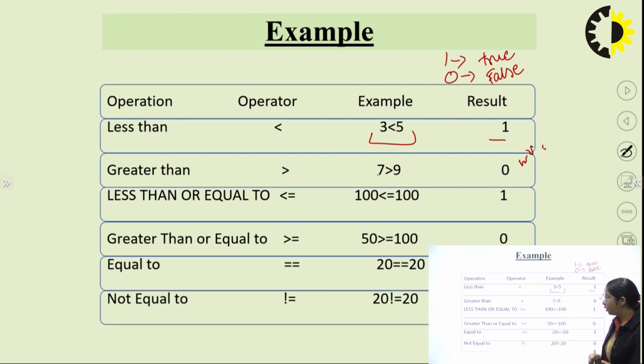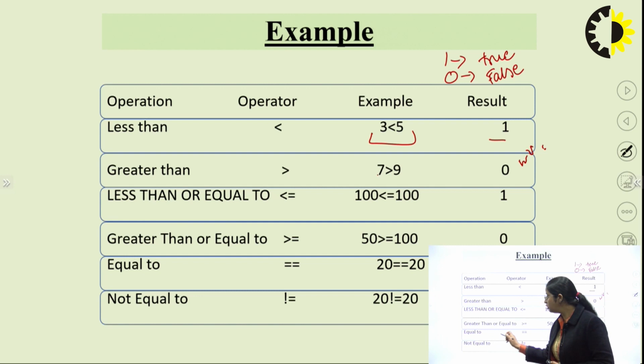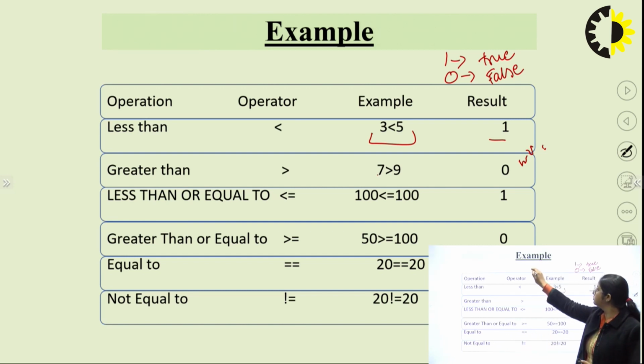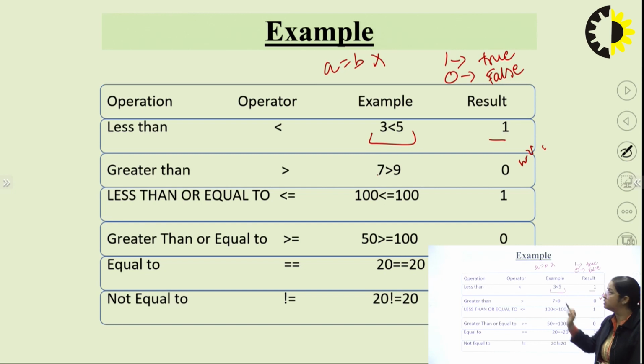And one important thing, we are not using this symbol. Suppose you write A = B. No, it is not A equals B, it is B assigned into A. This is the assignment operator. And which operator do we use for equal to? The double equal to symbol.